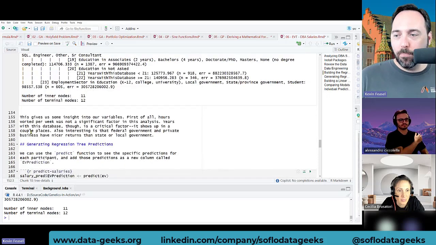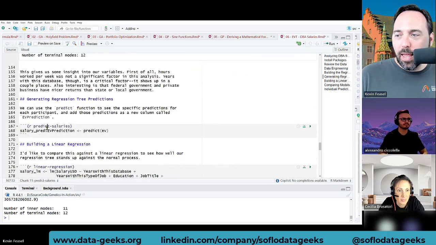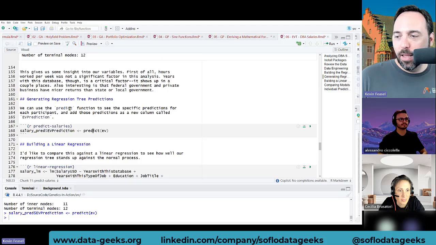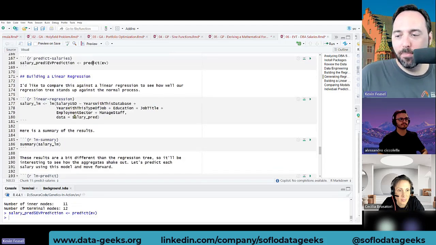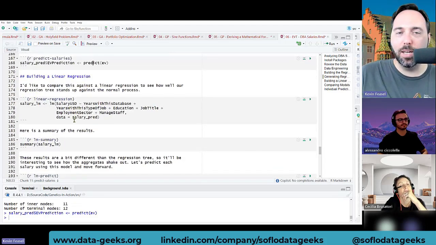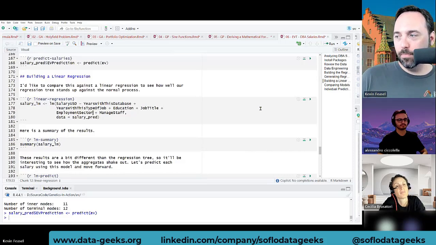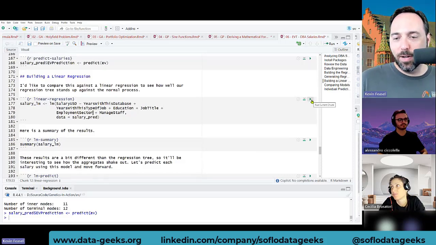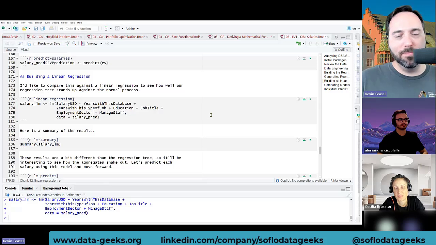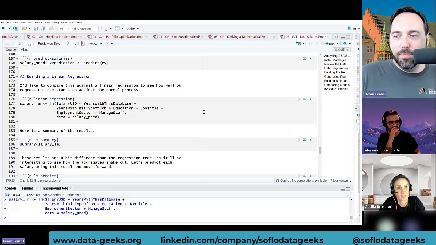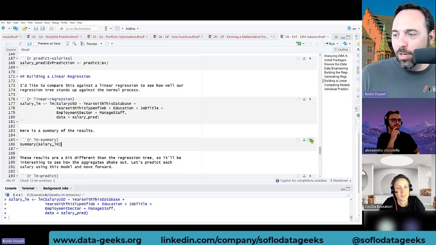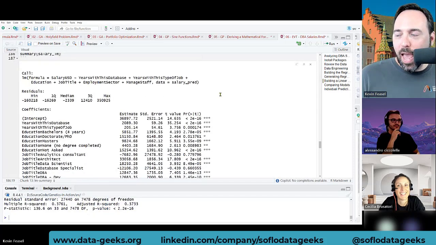So I can build a predictor, and I could say, give me the EV prediction and predict based off of that. Now, my comparison, I'm going to compare it to linear regression. Linear regression is my standby. If you can't beat linear regression, then what are we doing here?